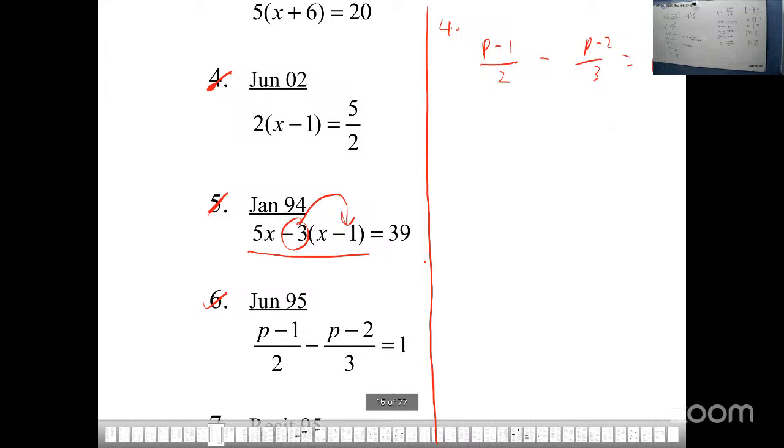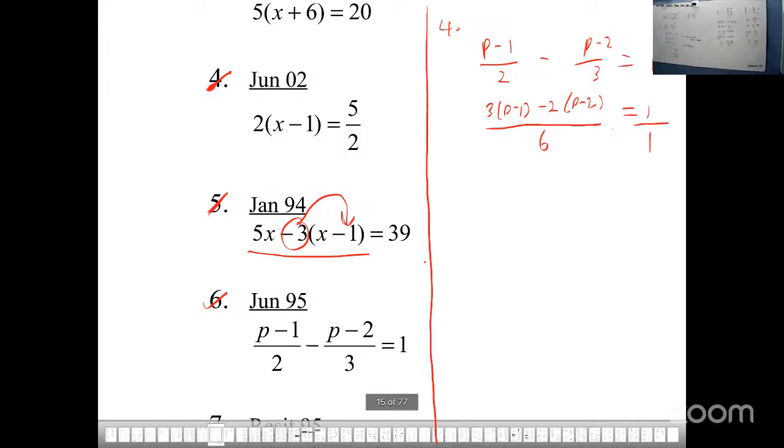I cannot cross multiply because I have 2 terms on the left hand side, and then the equal sign and a 1. So I can find the LCM here. 2 by 3 is 6. 3 by p minus 1 minus 2 by p minus 2 is 1.